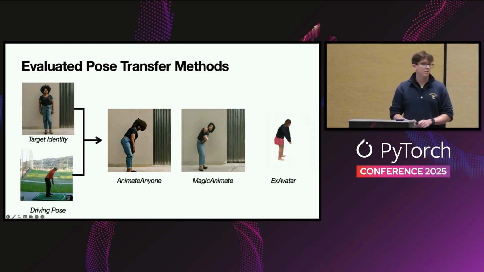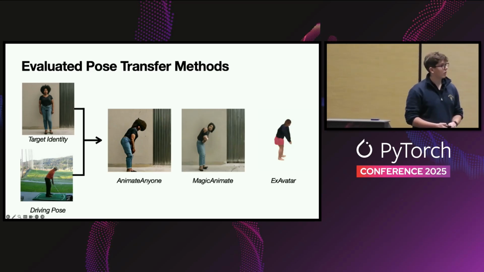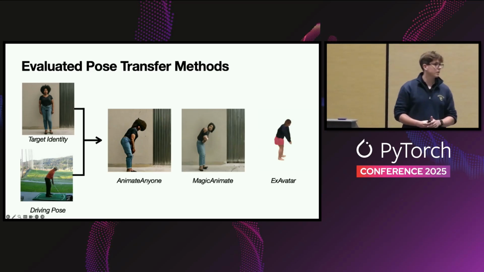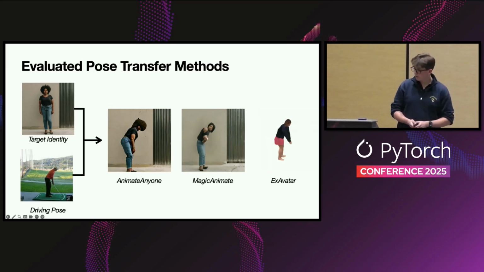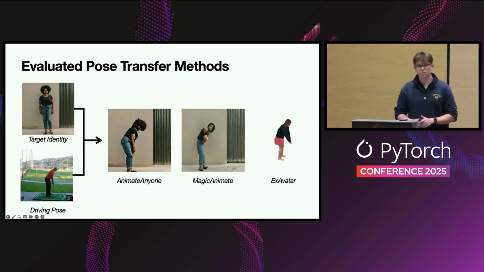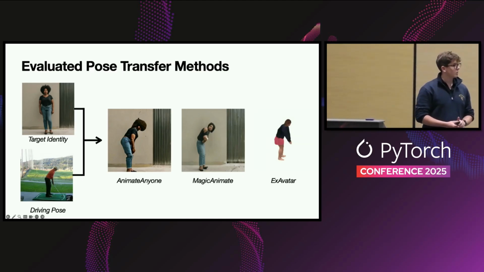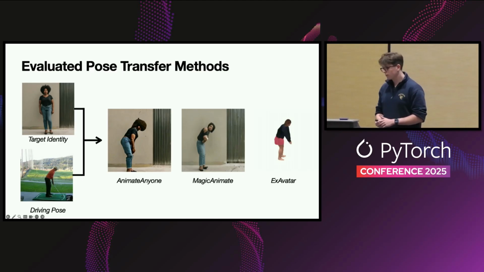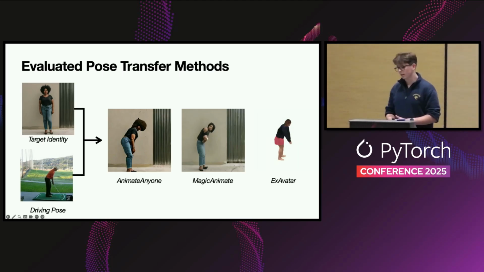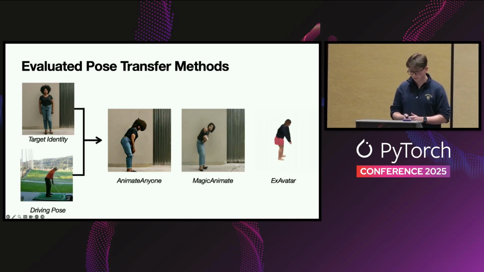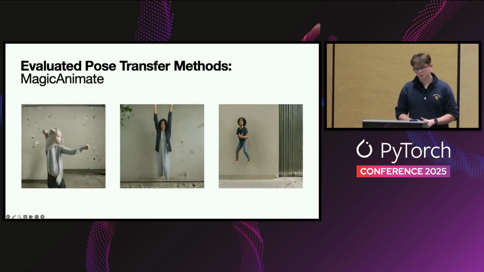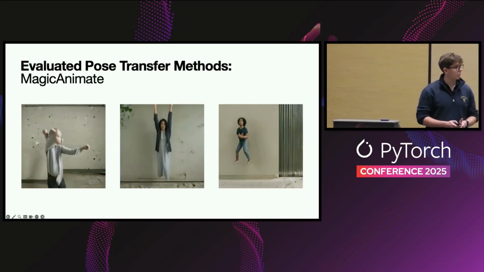MagicAnimate is using depth control and DensePose control, and X-Avatar is using 3D Gaussian splats to have a 3D grounded identity that we can then animate. So here are some qualitative results.